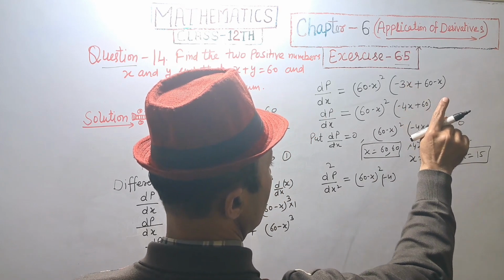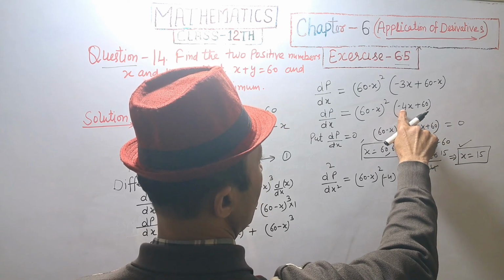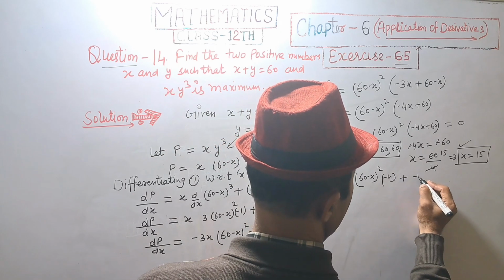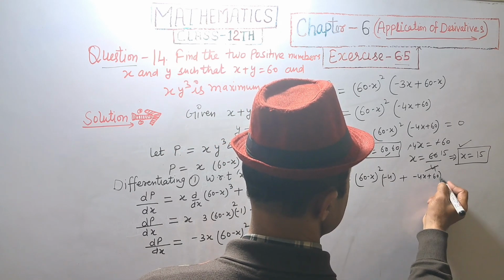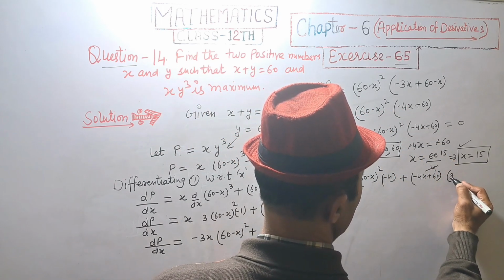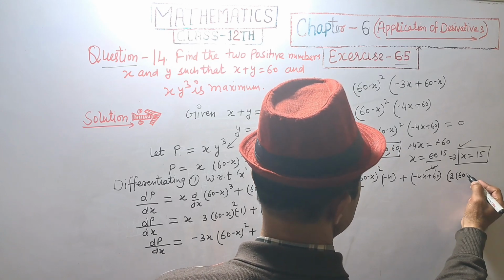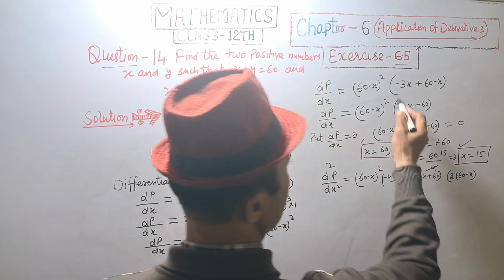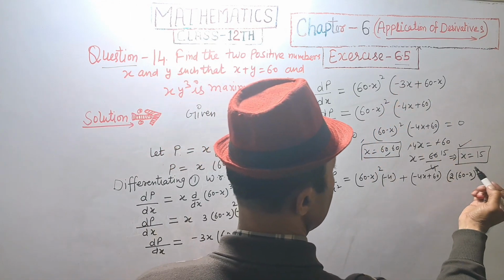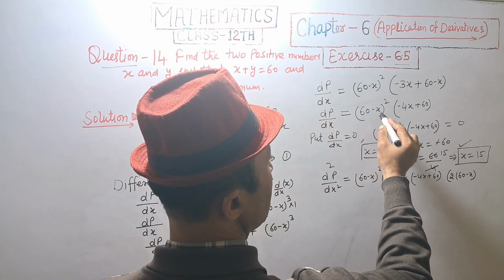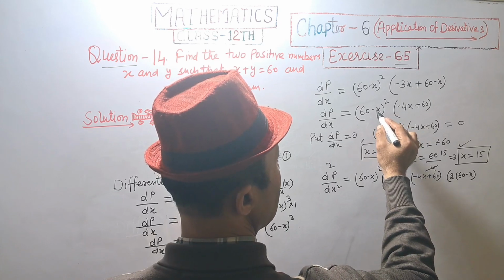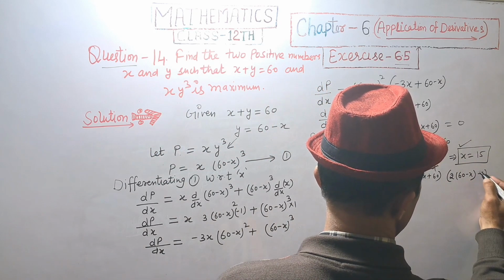Derivative of 60 is 0, and derivative of minus 4x is minus 4, plus (minus 4x plus 60), second function as it is, and derivative of first, that is 2 into (60 minus x) raised to power 1, that is 2 minus 1, and d/dx of (60 minus x), derivative of 60 is 0 and derivative of minus x is minus 1.